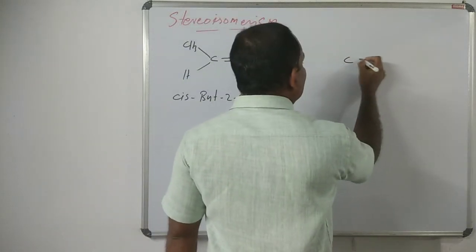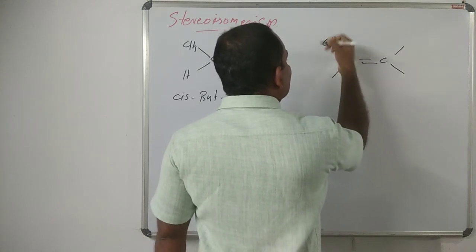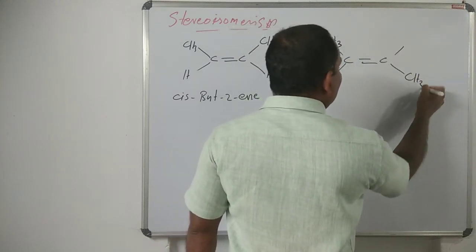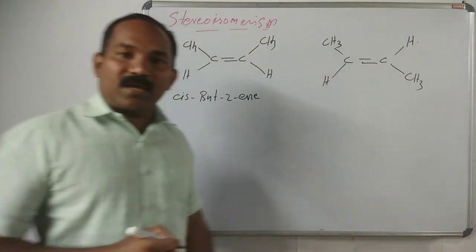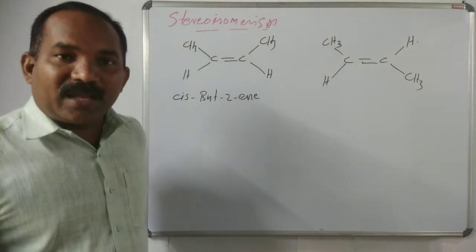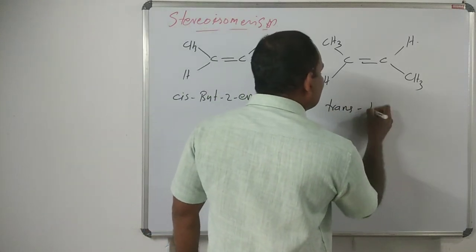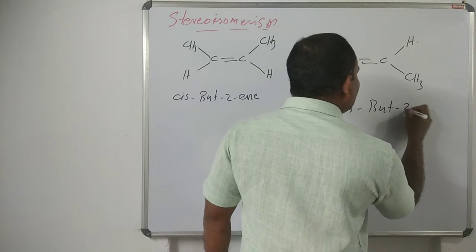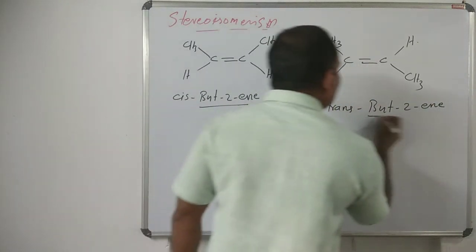Another possibility: the CH3 groups, like groups, are in the opposite direction. What is it? It is trans-2-butene. The name is the same, butene.